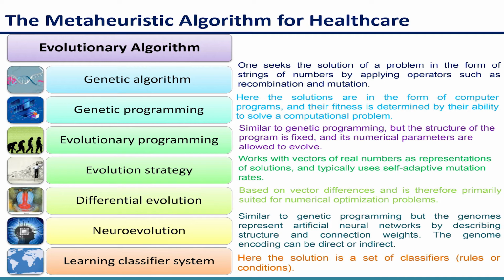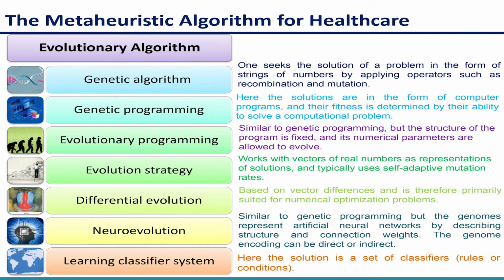But that is similar to genetic programming, but the genomes represent artificial neural networks, ANNs, by describing the structure and connection weights. Describing structure and connection weights means that whatever input we give, they process it within the hidden layer, using those connections to find the features.